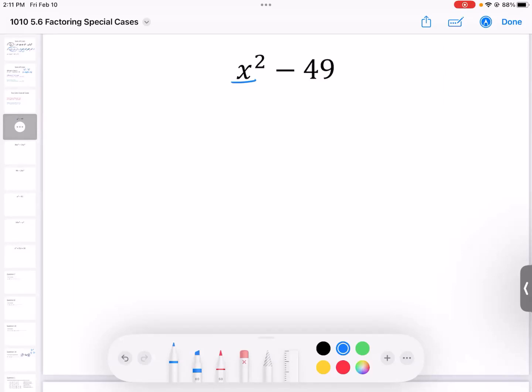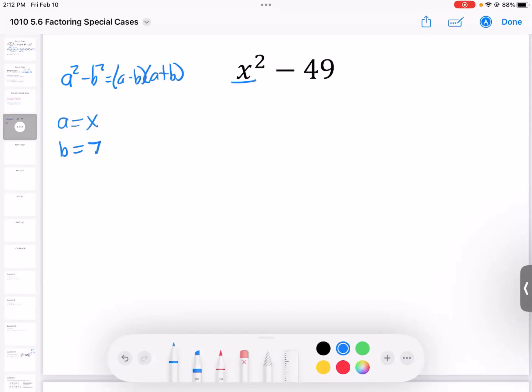X. So in my formula where I have a squared minus b squared equals a minus b times a plus b, the a in this case is going to equal x. And what would be the b? Yep, it's going to be 7 because 7 squared equals 49. So to figure out what a and b are, you basically take the square roots of the two things that are added and subtracted together.